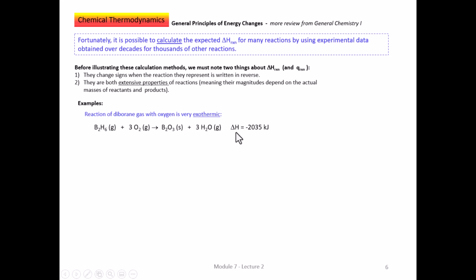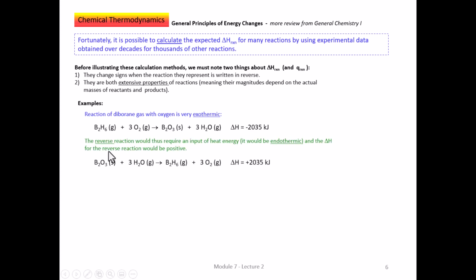So you notice the deltaH for this reaction, and remember, this is for the reaction written from left to right, is minus 2035 kilojoules. That means the reverse reaction would require an input of heat energy. In other words, it would be endothermic. And the deltaH for the reverse reaction would be the same number, only positive.